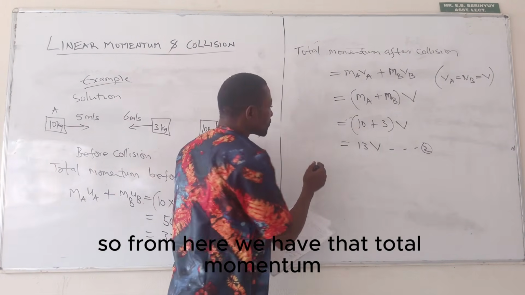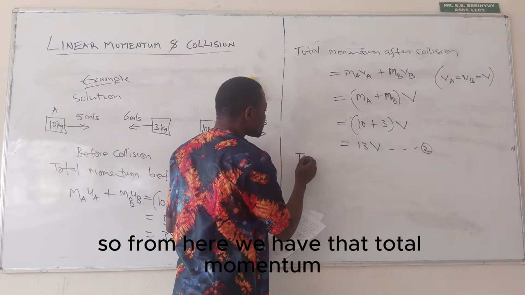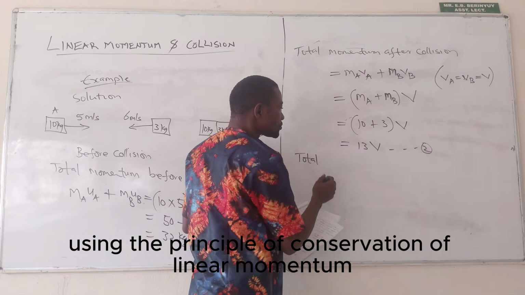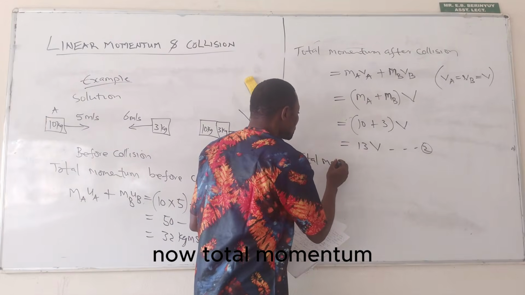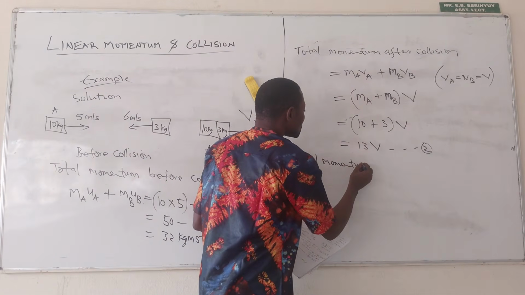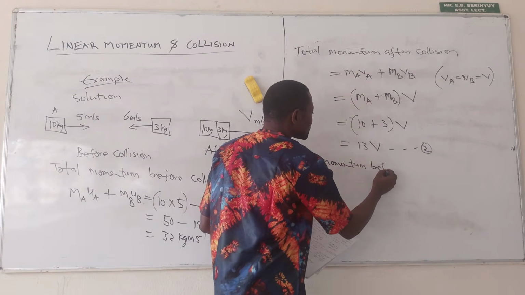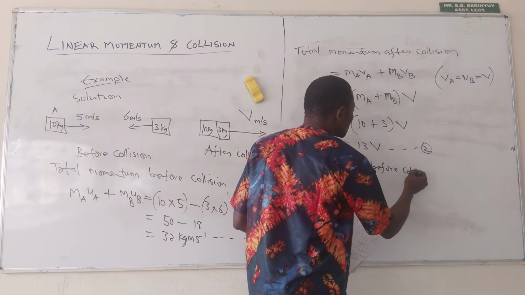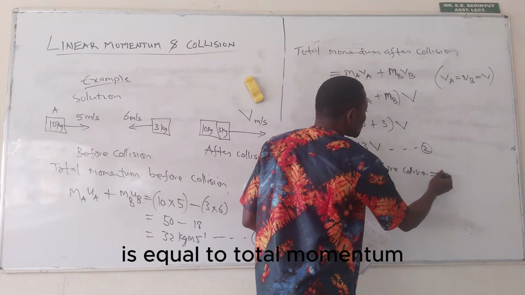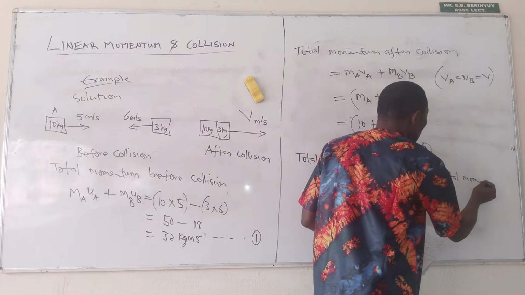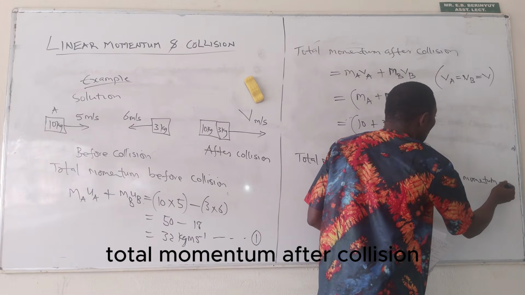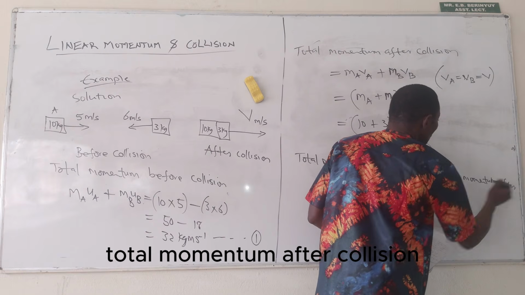So from here, using the principle of conservation of linear momentum, total momentum before collision is equal to total momentum after collision.